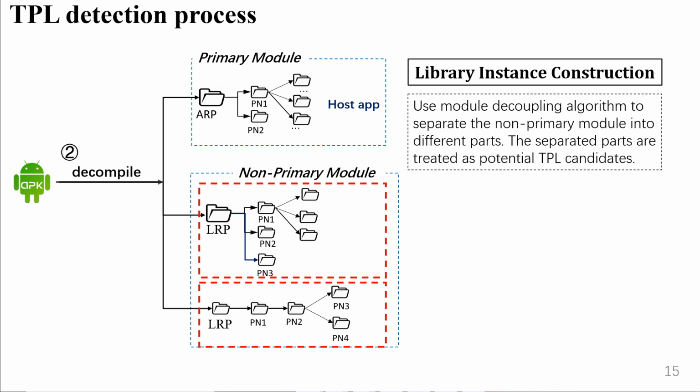The first one is the primary module, and the second part is the non-primary module. The primary module consists of the code from the host app, while the non-primary module comes from one or more third-party libraries.